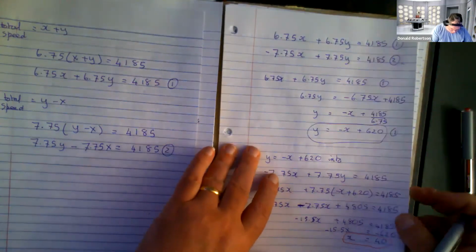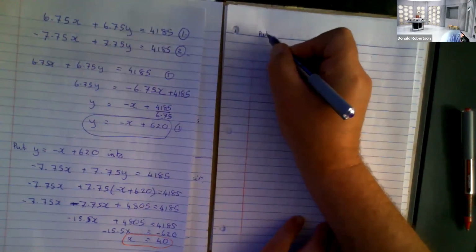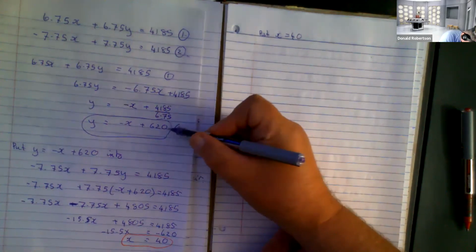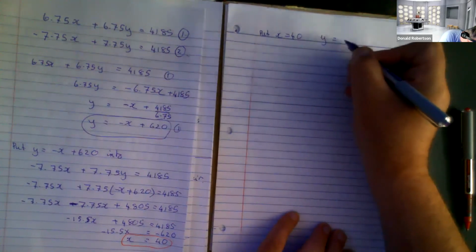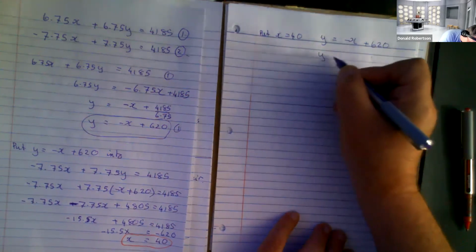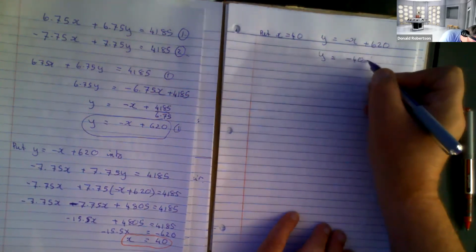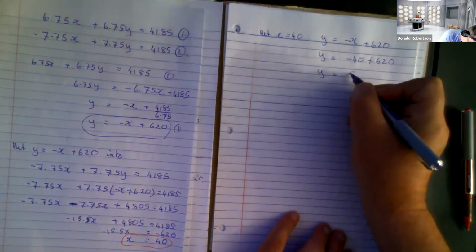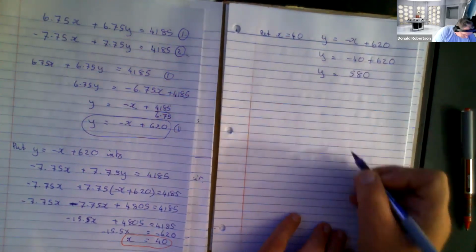Then find out what y is equal to. And I'm going to put x equals 40 into any equation I like, this one, so I'm using it. Negative x, add 620. So that's negative 40, add 620. And that gets you 580.